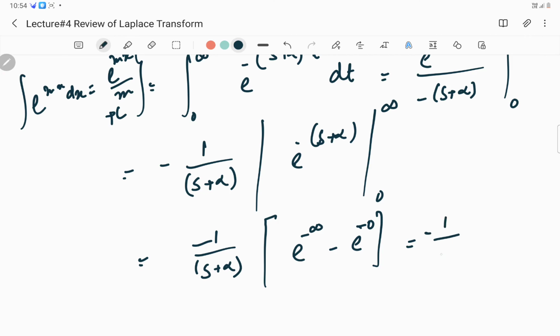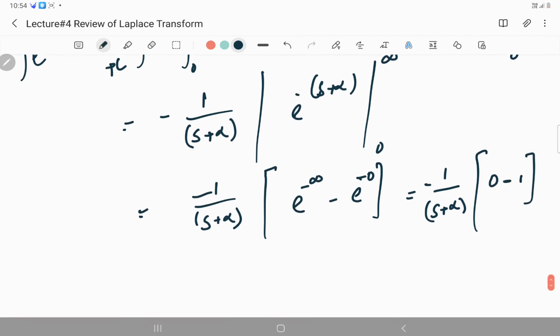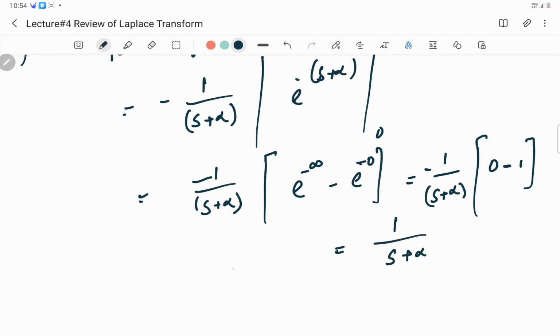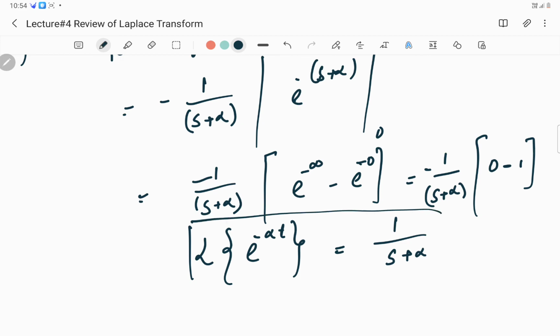E to the power minus infinity would be 0, and e to the power 0 would be 1. So it is 1 over s plus alpha, which is the Laplace of e to the power minus alpha t. These are some of the very basic or simple examples.